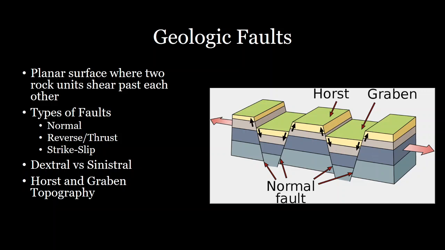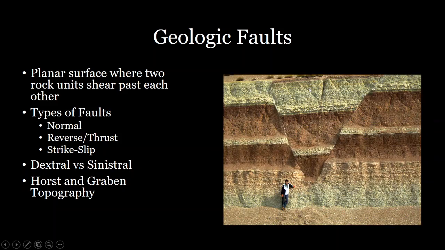And we can see that in several different locations. Here, for example, this would be a graben that's developing where these rocks are being pulled apart, and this layer here is moving down relative to these other layers here.